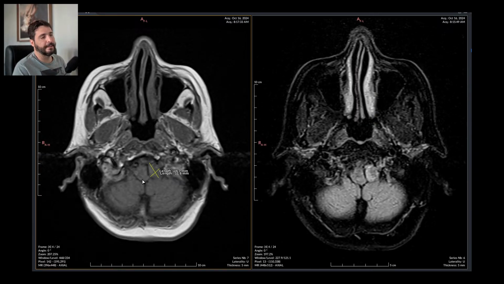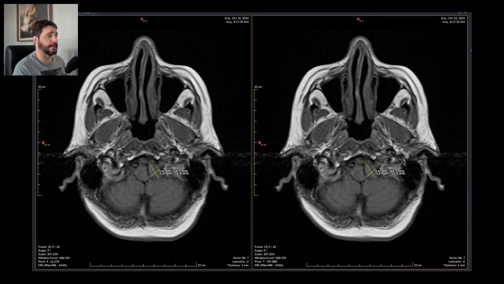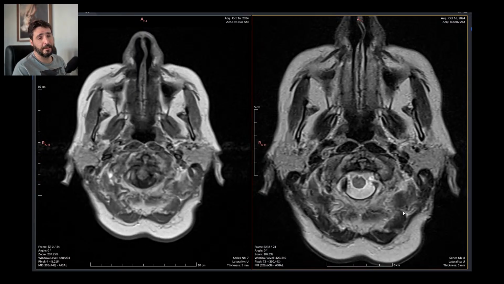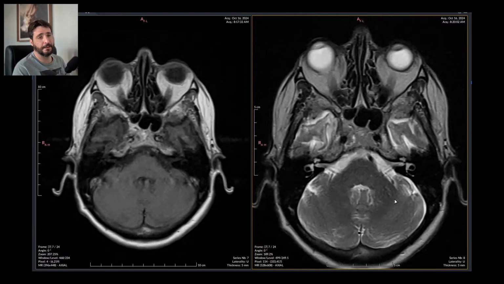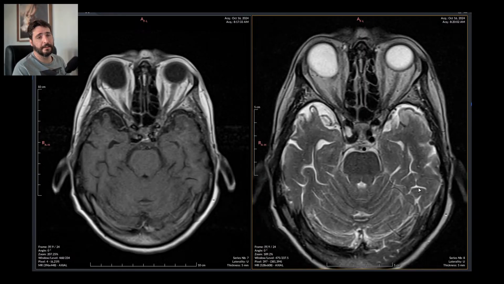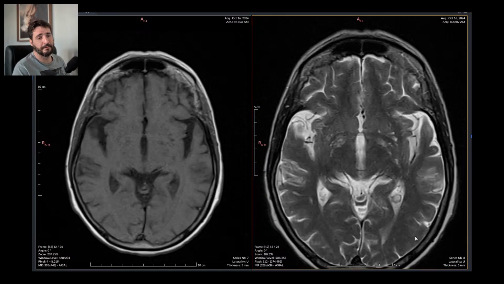It's right there. It's pretty close to the cortex on most sequences, which is a very common feature. See, this kind of gray is really close to this kind of gray, and this kind of gray right here.